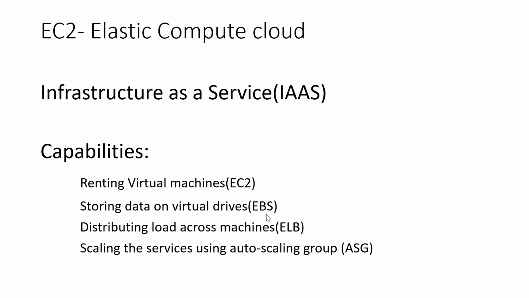virtual drives. EBS means hard drives, like the hard disks installed in our local system, in my desktop, in my laptops. The same kind of stuff. It's not called hard disks over there. It's called virtual drives, or in short form, EBS. Okay. You need to add EBS separately.